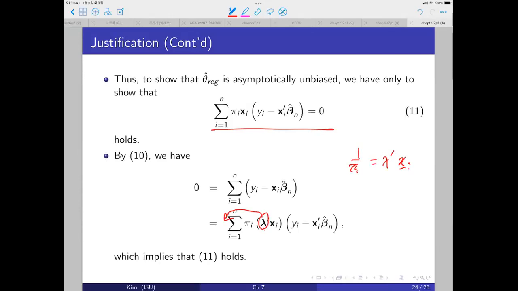The remaining term is just this one, but this is 0. So because lambda is not 0, that means this is 0.